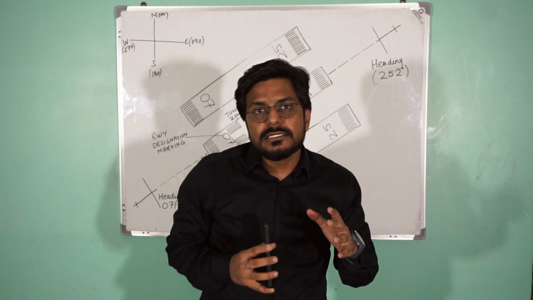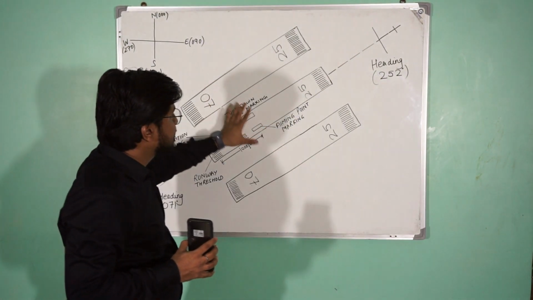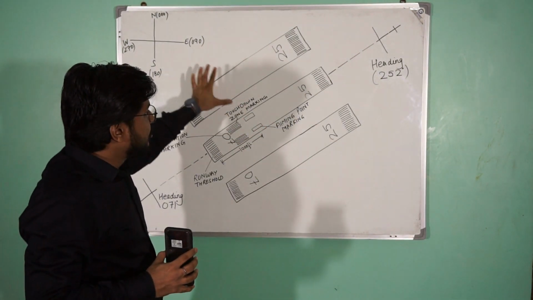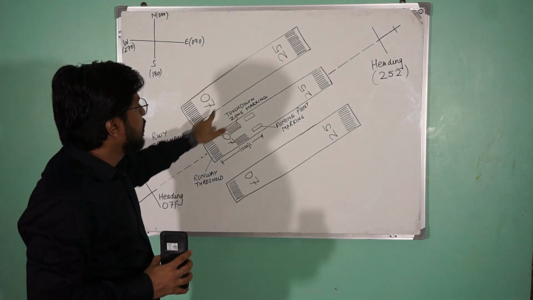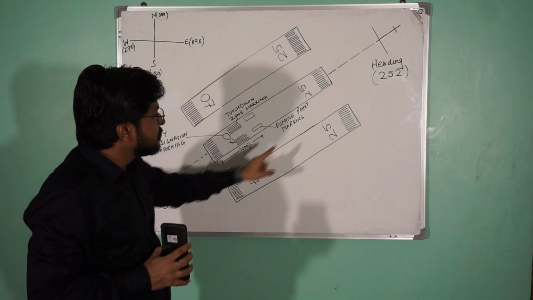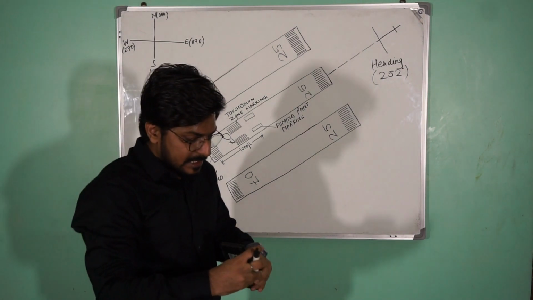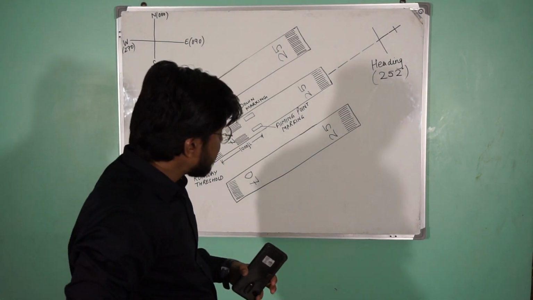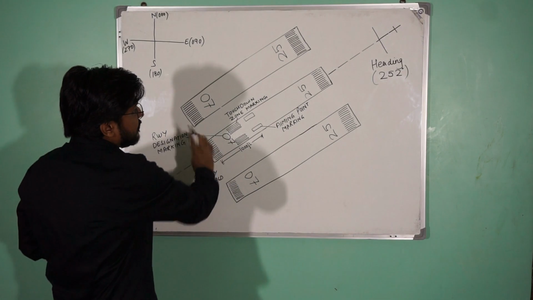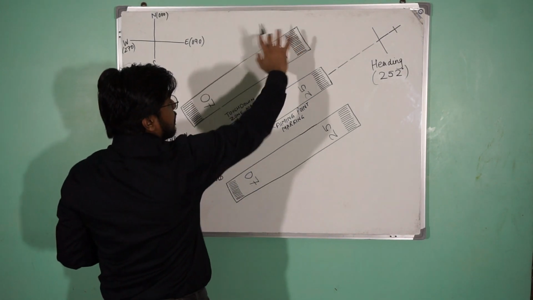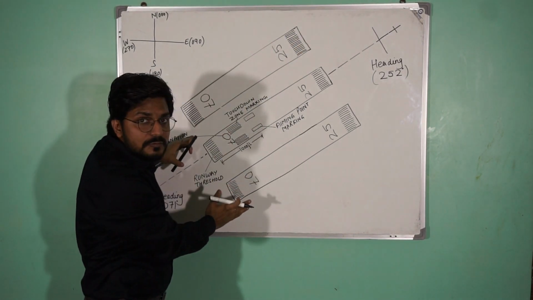So now here you can see I have drawn 3 runways. All these 3 runways are parallel runways, all are 0725. First let's consider that we have only 2 parallel runways. We will not consider this runway, we will consider only these 2 parallel runways.